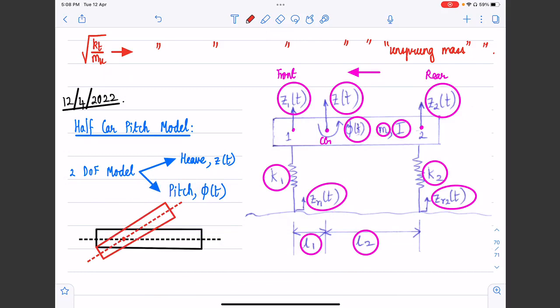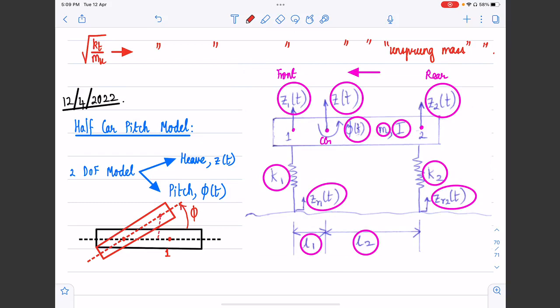Let's say this is our pitch angle phi, as a function of t. If we consider this point 1, of course it's going to go on an arc. But assuming this, if you calculate the vertical displacement of this point 1 from this initial point, let's say point 1 goes somewhere here.